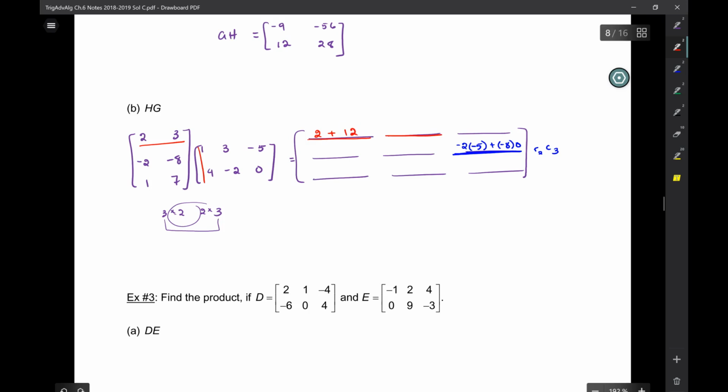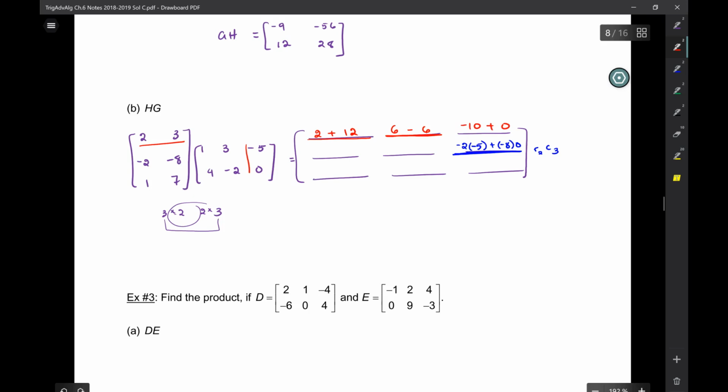Next one here is row 1, column 2. So 2 times 3 is 6, 3 times negative 2 is negative 6. Next one, row 1, column 3. 2 times negative 5 is negative 10, plus 0.